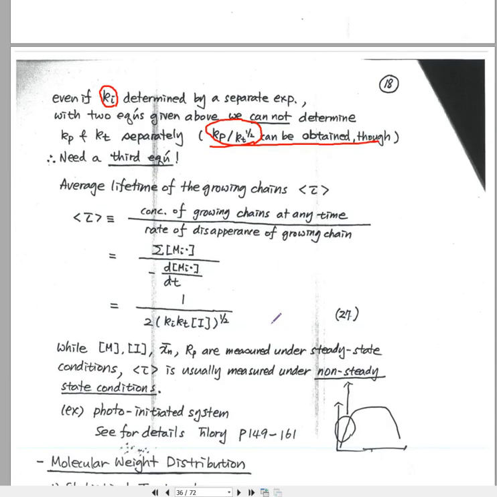So for that, what people usually measure is the average lifetime of a growing chain. The definition of this average lifetime of a growing chain, denoted as tau, is the concentration of growing chains at any time over the rate of disappearance of growing chains.